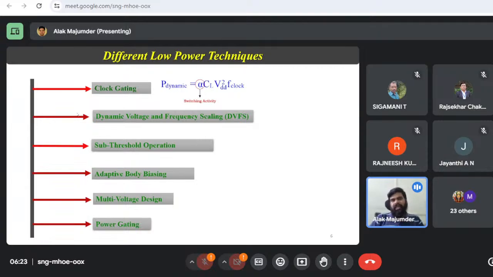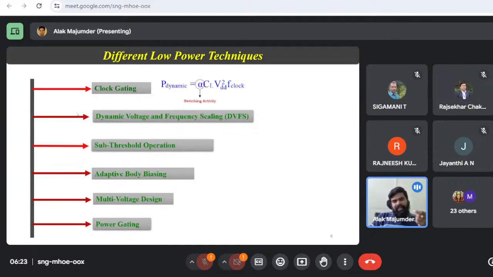So this method is only valid for large or big size cores. There is subthreshold operation. Subthreshold operation means when your VDD is close to your threshold. In subthreshold operation, again, you can only focus on power focused design, not performance focused design.